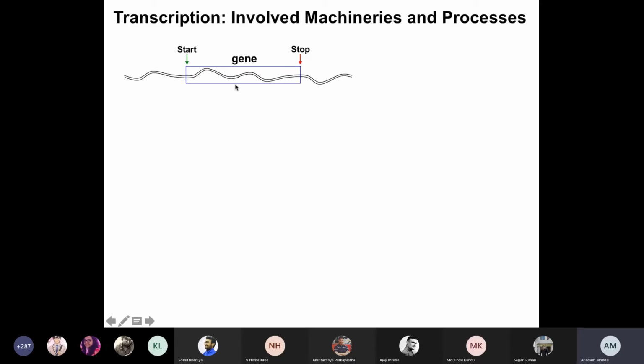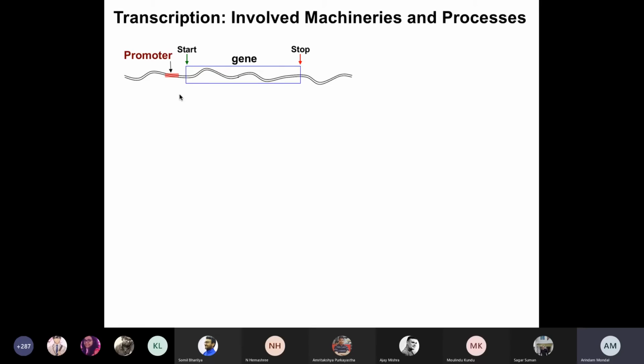And for each of the genes, you should have very definite boundaries. There should be a start point and there should be a stop point. Whenever there is a gene, there should be very distinct boundaries. Just on the left hand side of the start of the gene, you should be able to find a sequence which acts as a promoter.